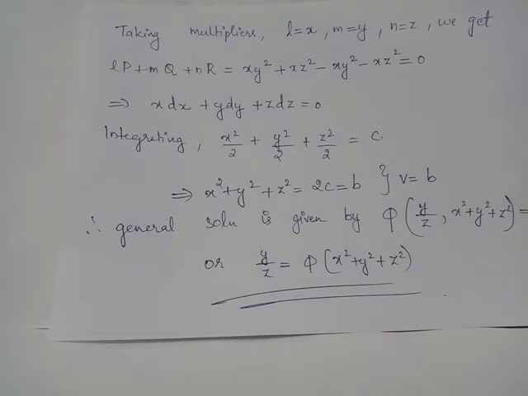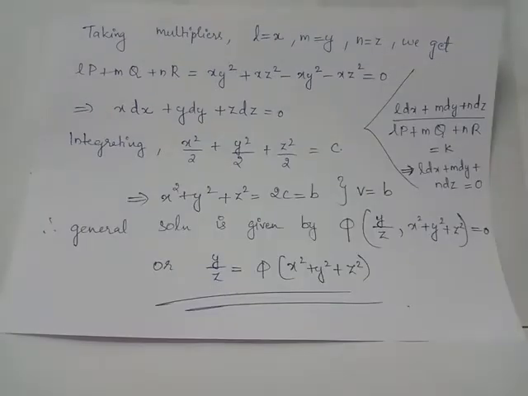Therefore, LP plus MQ plus NR, where L equals x, M equals y and N equals z, is obtained as xy square plus xz square minus xy square minus xz square equals 0. Here we selected L, M, N as functions of x, y, z, and when we evaluated LP plus MQ plus NR, we obtained this expression as 0.